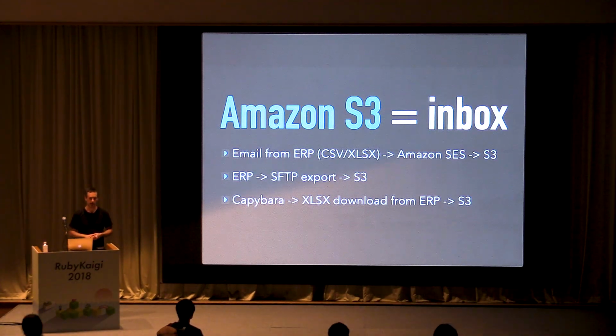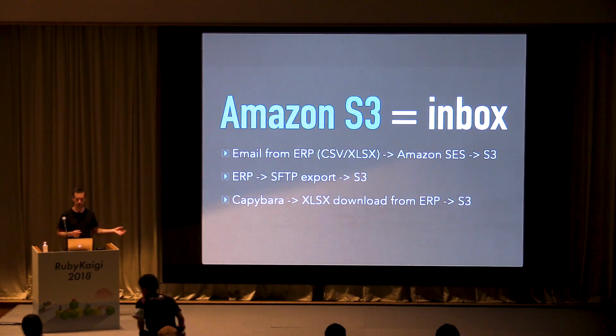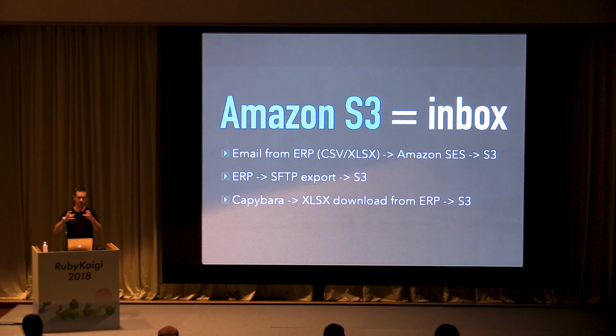Another thing I learned while doing this is that Amazon S3 can act as a very nice inbox for you if you can use Amazon. For instance, imagine you have one email from an ERP in a specific format. Then you can configure Amazon SES to create a mailbox that will directly, when it receives something, put it as a file in S3.